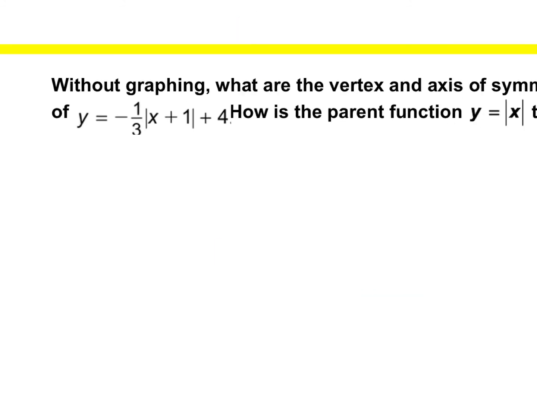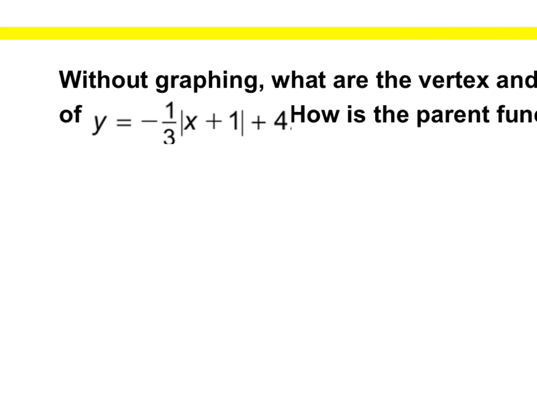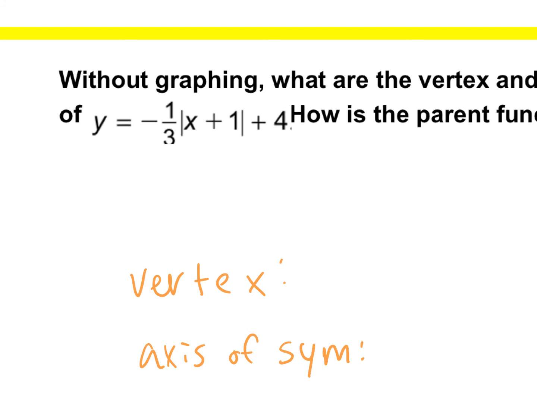All right, the next slide we're doing the same thing. First, let's identify our vertex and axis of symmetry. What's our vertex? 1. So 1 and 4, but we have to change the sign of 1 because you always change the sign of your h.